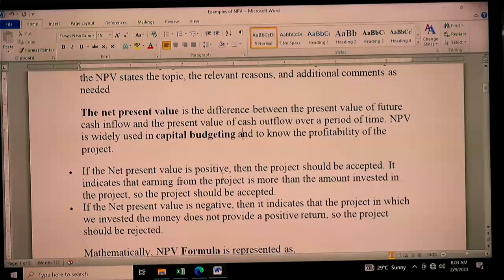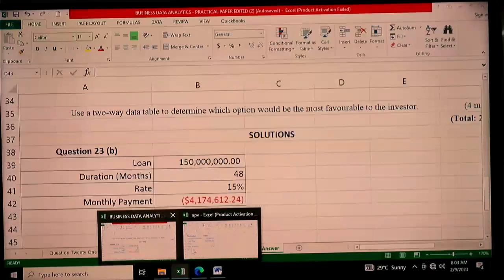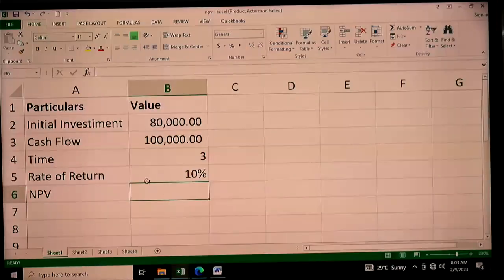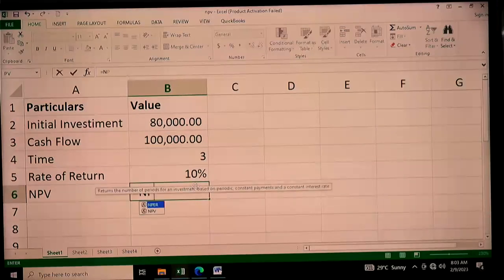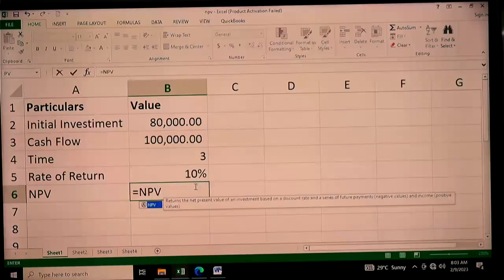So how do you achieve this? When you're using Excel, like in this example here, net present value is actually an Excel function. If you search for it, you'll get it. You can even write it somewhere in your book that the net present value returns the net present value of an investment based on a discount rate and a series of future payments.